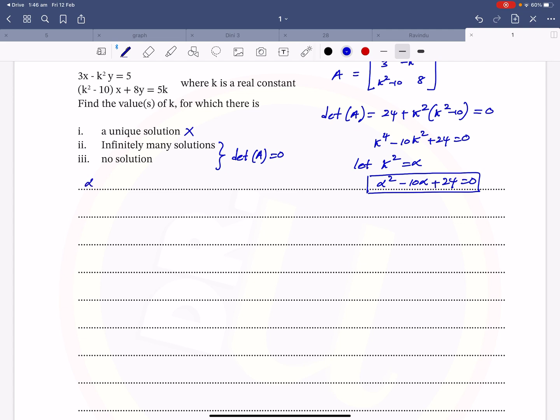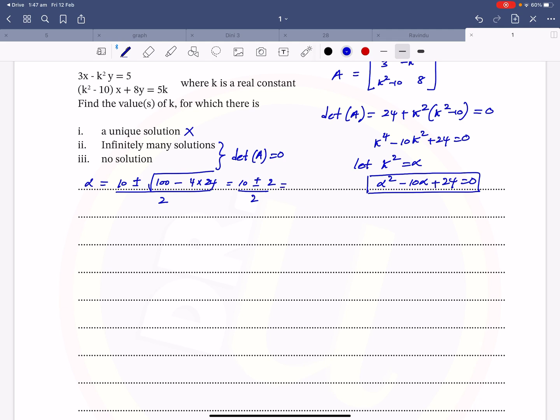Alpha is equal to minus b, which is 10, plus or minus the square root of b squared, 100, minus 4ac, which is 4 times 24, divided by 2. 24 into 4 is 96, and 100 minus 96 is 4, so the square root is 2.